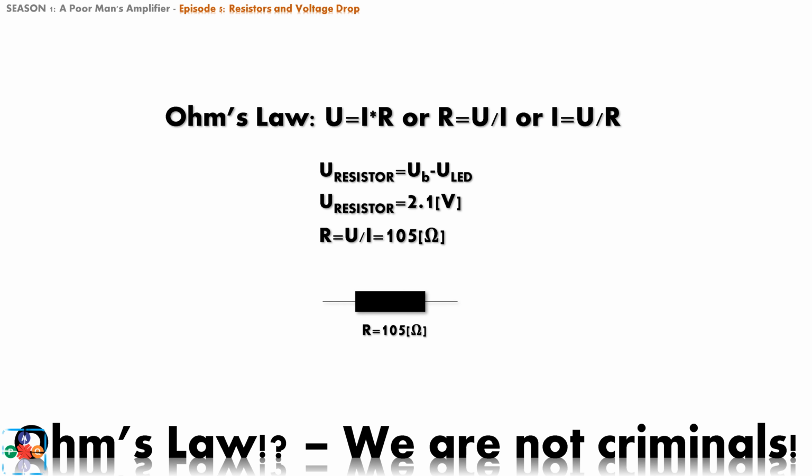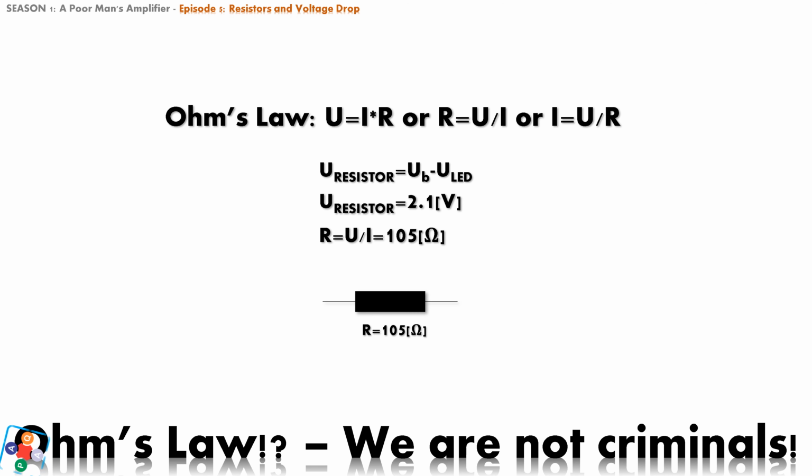Ohm's law defines relationship between current, voltage and resistance in the circuit. It can be expressed in 3 ways. The first way says that voltage is directly proportional to the product of current and resistance in the circuit. The second way of expressing Ohm's law says that resistance is directly proportional to voltage, and inversely proportional to the current.